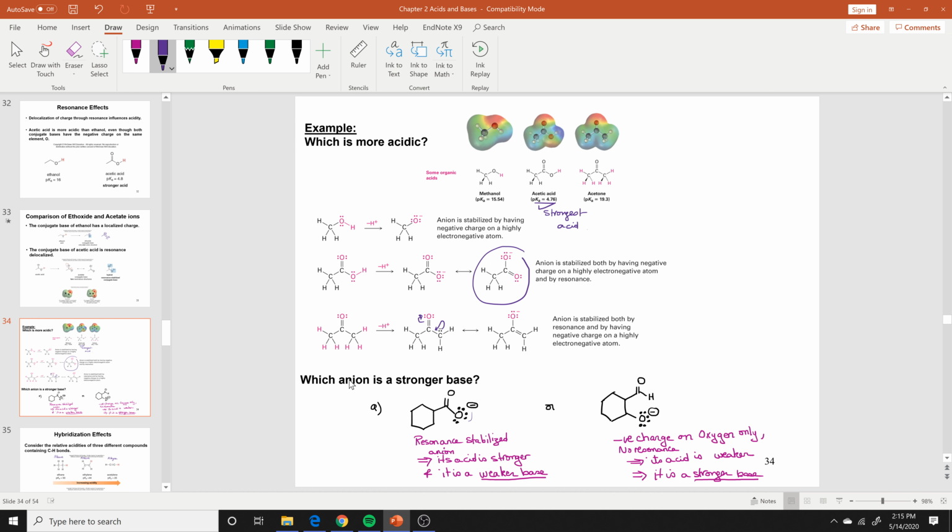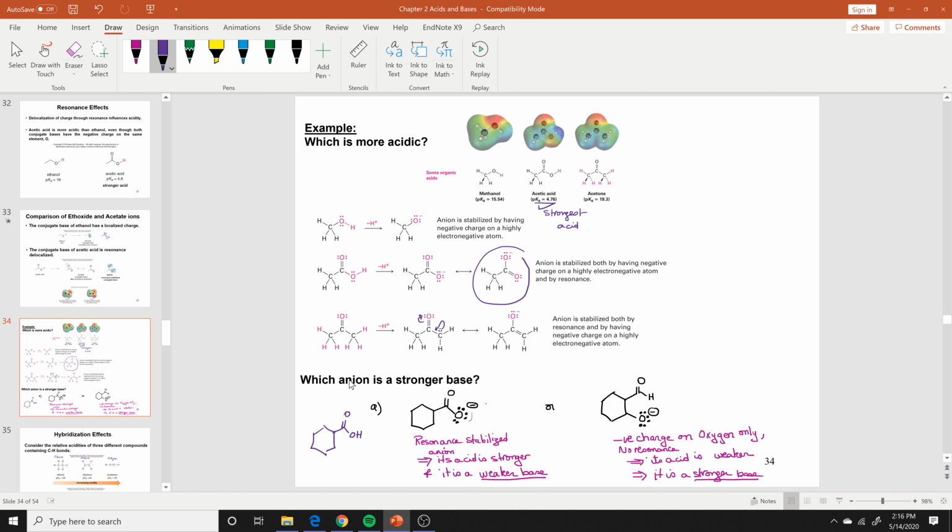If it's a stronger acid, then it is a weaker base. I'm asked here which anion is a stronger base. Well, this one over here is the conjugate base of this acid, and since it's very stable because of resonance, this acid is going to be a strong acid, then its base is going to be a weak base.